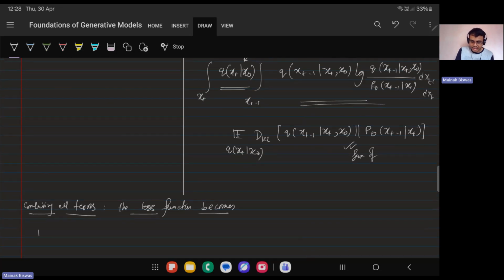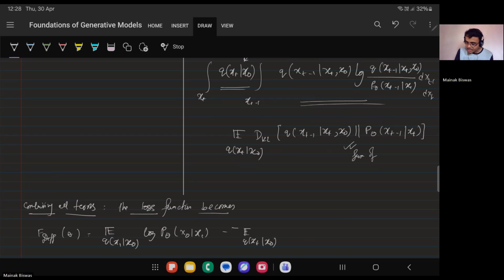So the diffusion loss over theta is the expected value over q of x1 given x0 of log of p theta of x0 given x1, minus the expected value over q of xt given x0, sum for t equal to 2 to capital T, of DKL of q of xt minus 1 given xt comma x0 with p theta of xt minus 1 given xt.